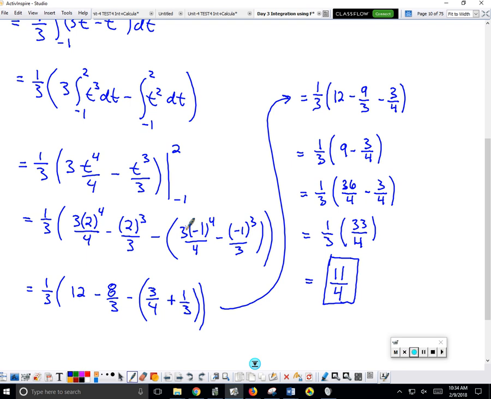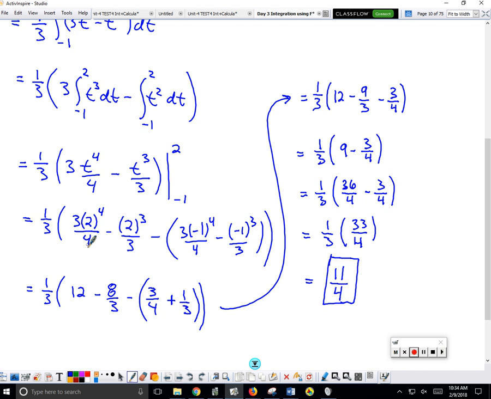Now here's the trick. With integrals, look at the board. This term here is always going to be very similar to this term, because they both came from here. So I don't usually add these first, because they often have different denominators and it makes a lot more work.